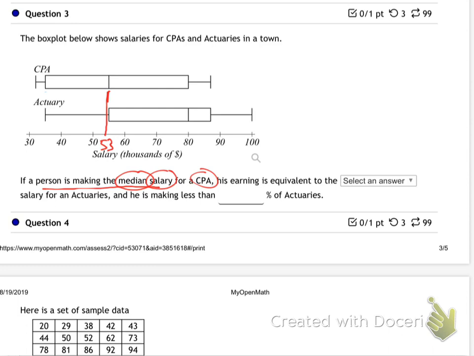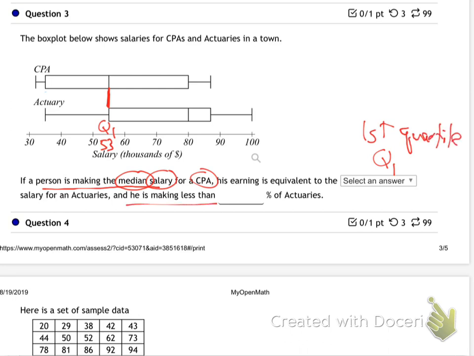So that 53 hits that line, that median line for the CPA hits at the Q1 mark for the actuary. Right? First quartile mark for the actuary.